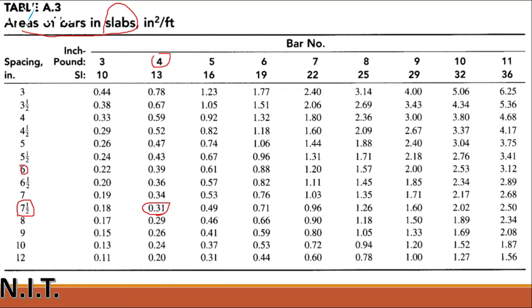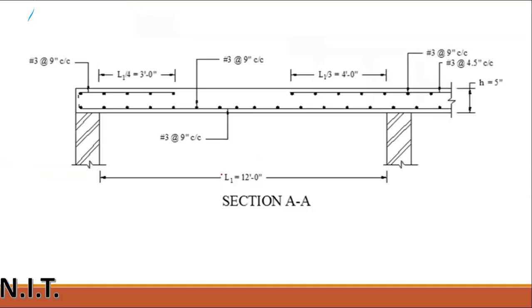Why? As I told you in the previous class, for the overlapping of steel, all these dimensions should be matched so that we can provide the area of steel for the ease of the labor, so that they can provide equal spacing for the bars. Clear?